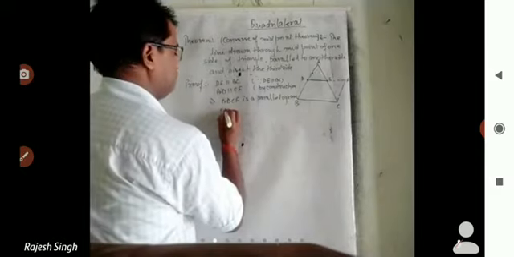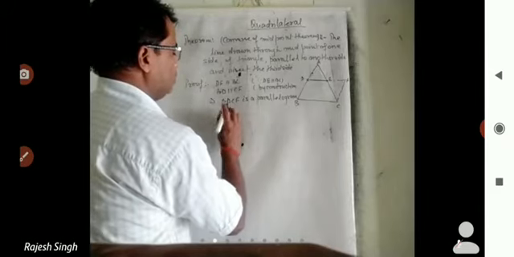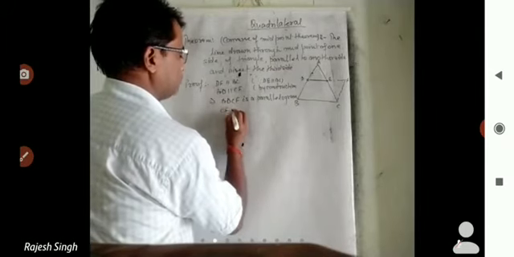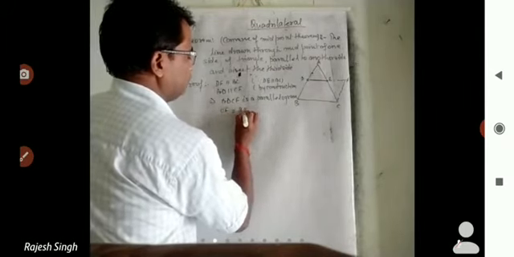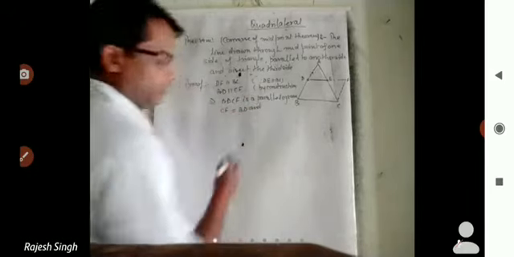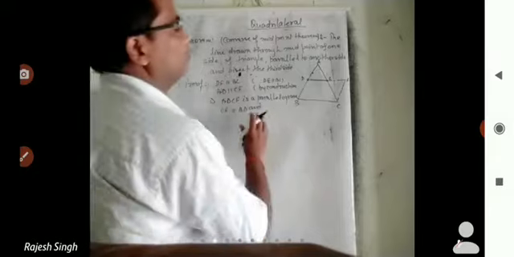This is a parallelogram. Then CF is equal to BD, and this is equal to AD also.